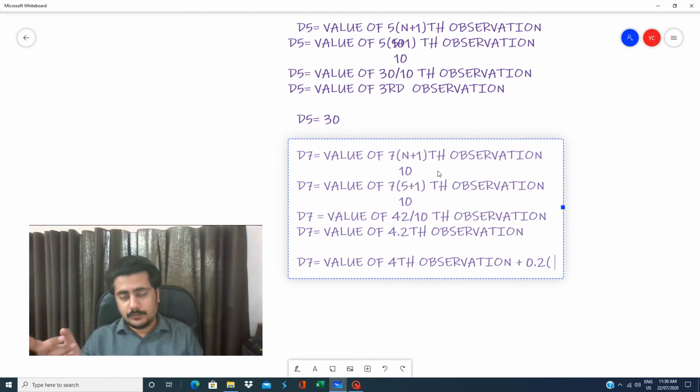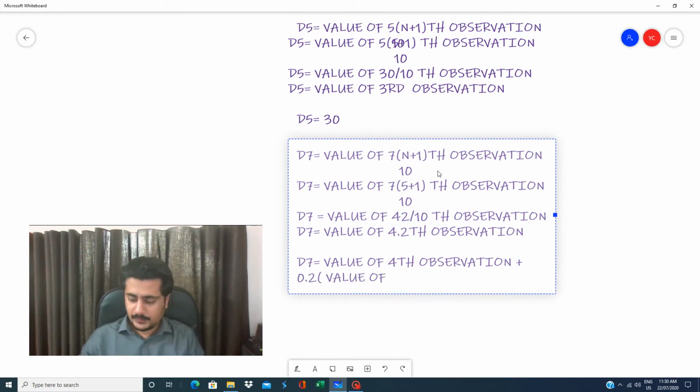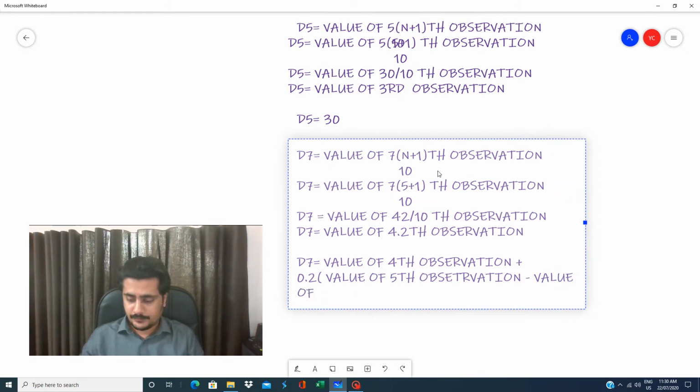Now what we'll do, 0.2 you will be multiplying with what? See, 4.2 is between 4 and 5. 5 is bigger, 4 is smaller. As I told you, bigger minus smaller. So it is value of fifth observation minus value of fourth observation.